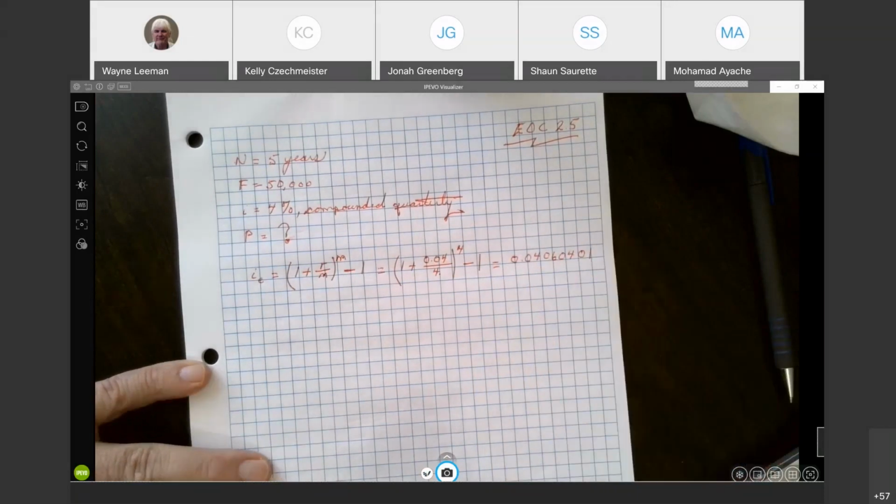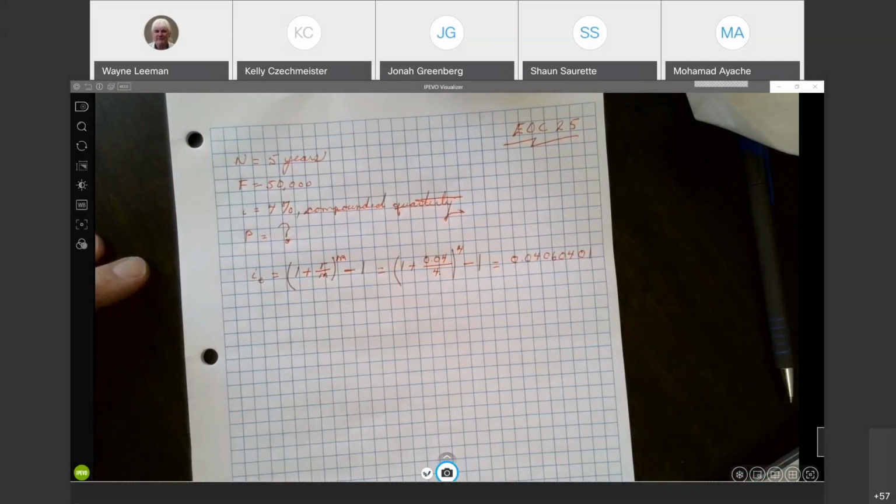If we do that arithmetic, you should end up with 0.04060401. You can never carry too many decimal places when you're calculating an interest rate, when that is not your final result. If it's going to be used later in computations, please carry it out to at least 5, 6, 7 decimal places, okay?